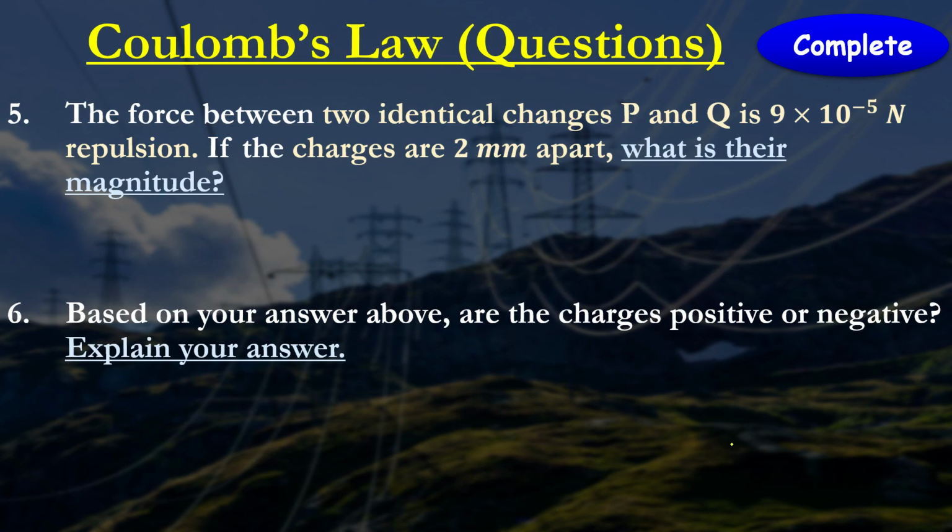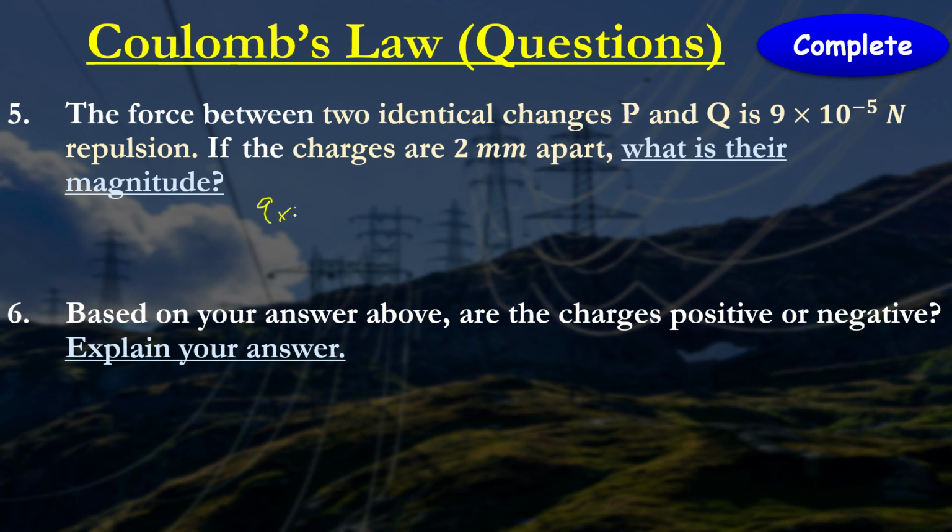Okay, I think this is the last set of questions we have for Coulomb's law. It says the force between two identical charges, P and Q, is this value here. If the charges are that far apart, what is their magnitude? So again, it's also asking for charge.